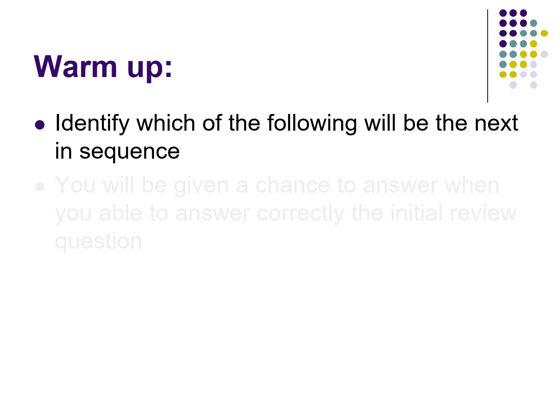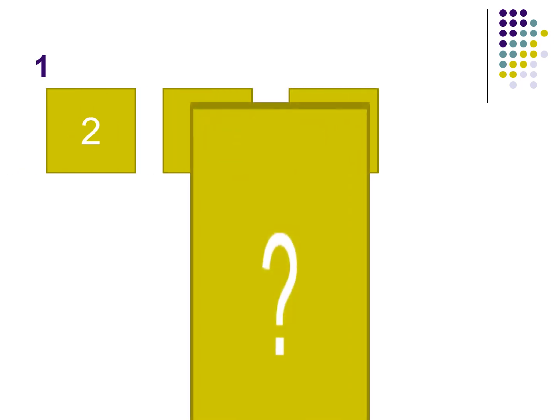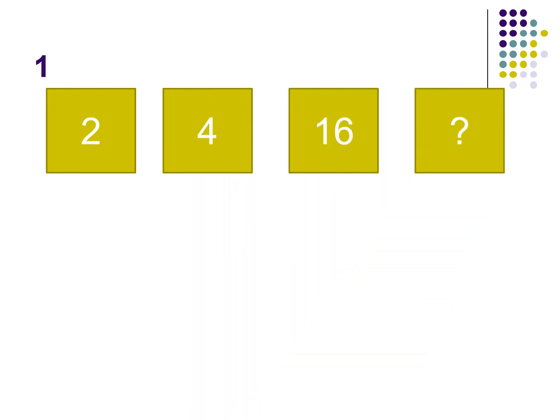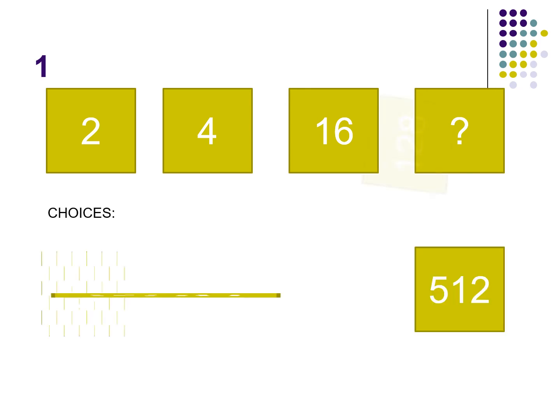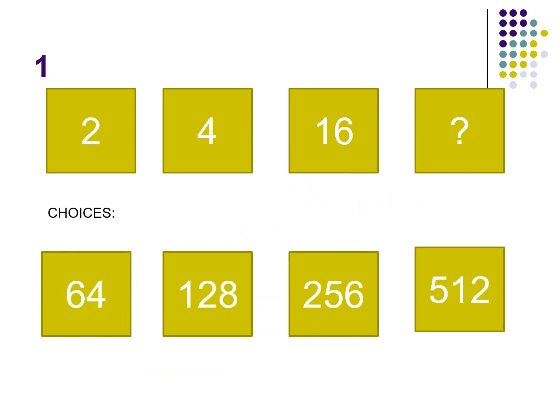Okay, so let's start. Number 1. We have the pattern 2, 4, 16, and we have the unknown. What would be the next in line? Is it 64, 128, 256, or 512? Now, the correct answer would be 256.